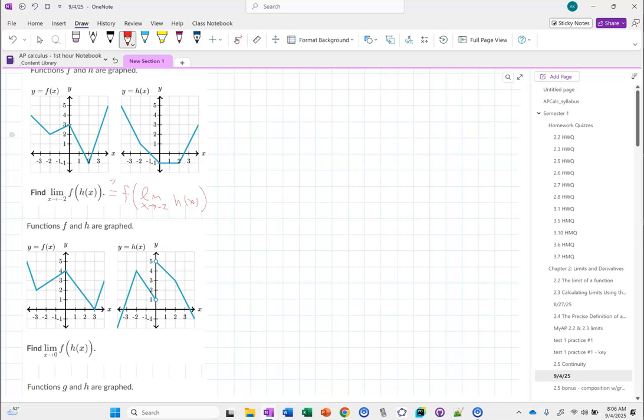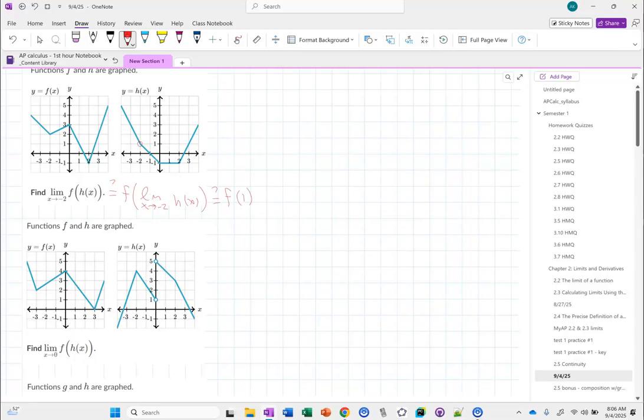And if that's the case, I can just go to my graph of h of x. I locate -2. So that limit should be 1. Is everybody okay there?